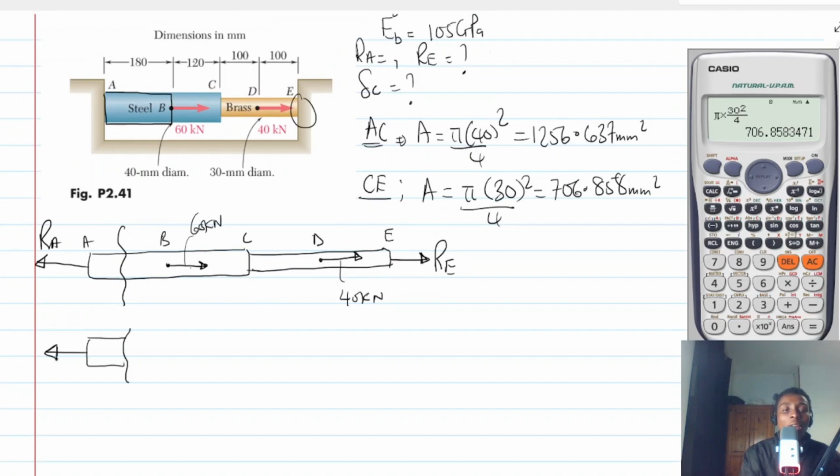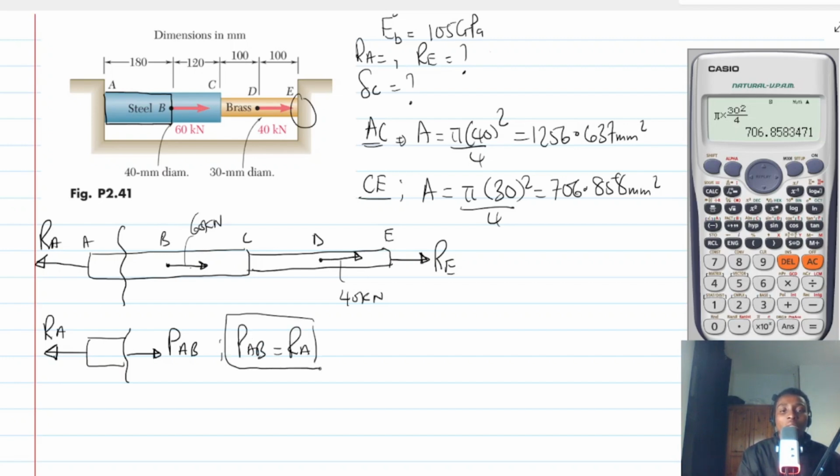And then there will be R_A here. Therefore, what you have here must be F, or let's say P_AB. In other words, looking at this portion only, we can say that P_AB is actually R_A.